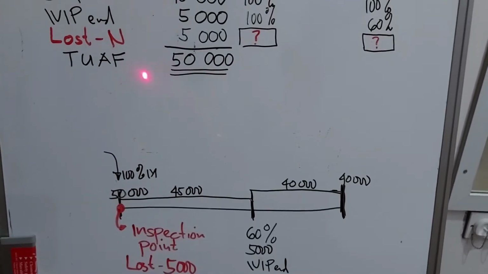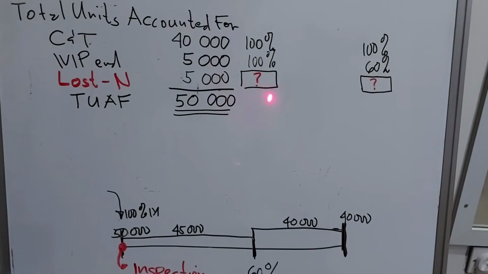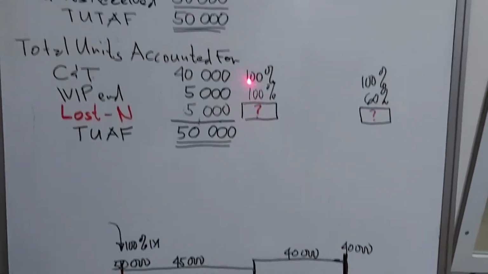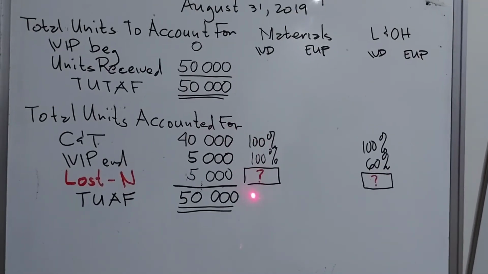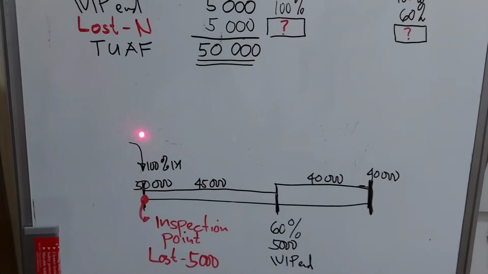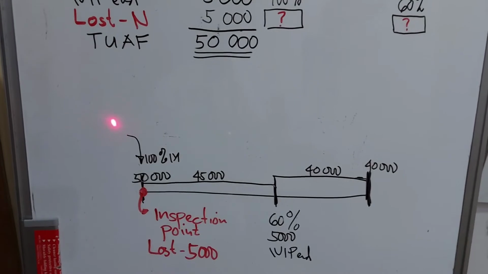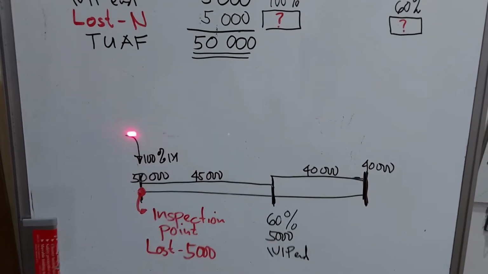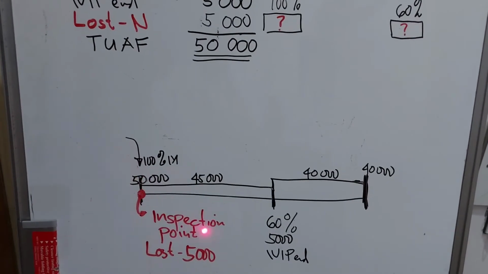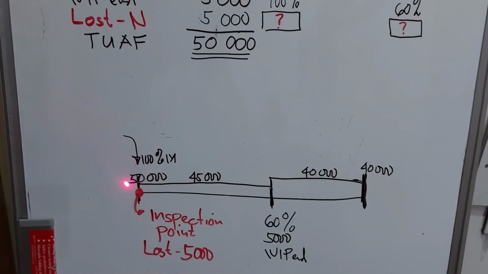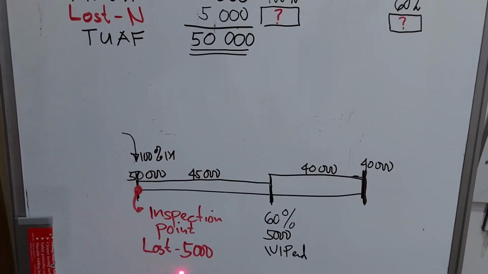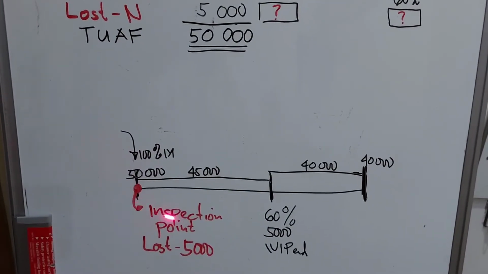Okay? So, pagdating sa materials naman, ilang percent yung materials na makukuha niya dito. Okay. So, dito, kailan na-discover yung loss units? Beginning ng process. Kailan nag-add ng materials? Beginning ng process. So, ibig sabihin, beginning ng process, nag-inspect na, nakita na agad na mayroong loss units. So, lalagyan mo pa ba siya ng materials?